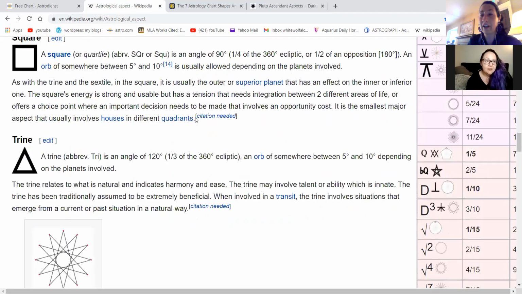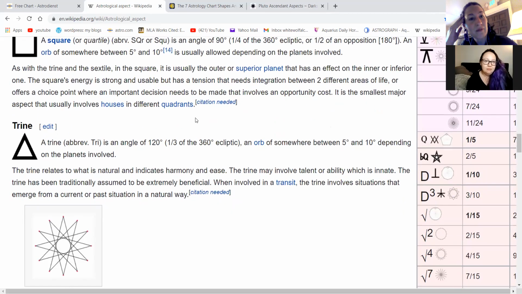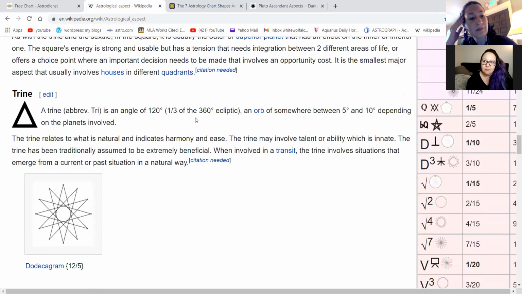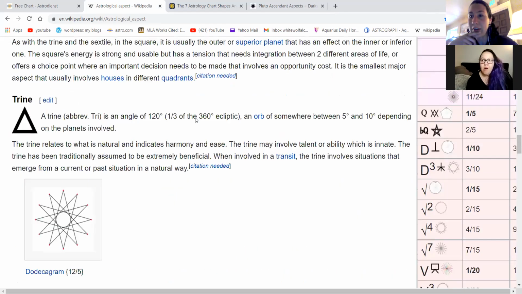All right, so I'm going to cover the major aspects today. So we're going to get through to the trine. What else should we do? Careful, you just almost knocked all that stuff over, silly.